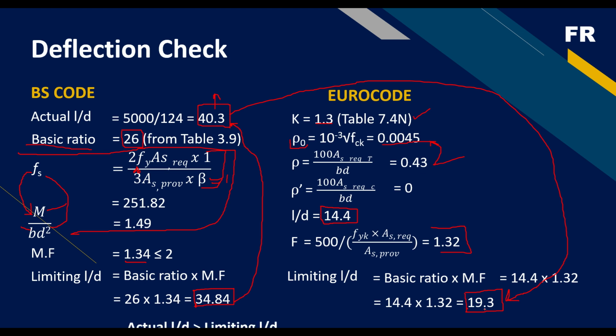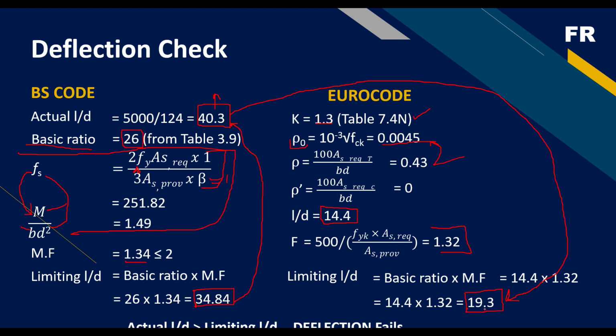Based on this design, you can see that the actual span is greater than the limiting in both codes. Therefore, the deflection will fail based on our provision of T12 at 200. But based on the numbers that we got, for the BS code, if you increase the area of reinforcement slightly more, the slab will pass. So you don't need to compare.